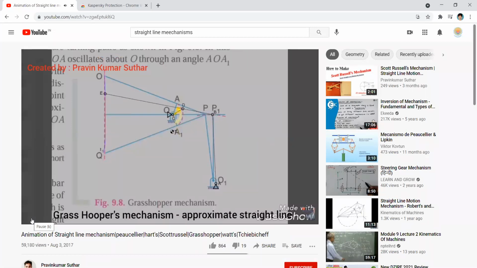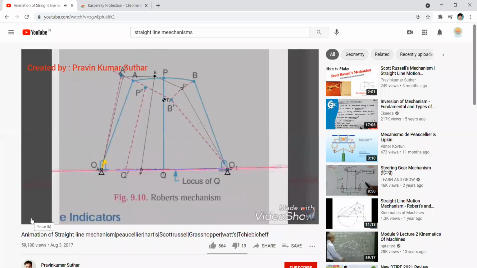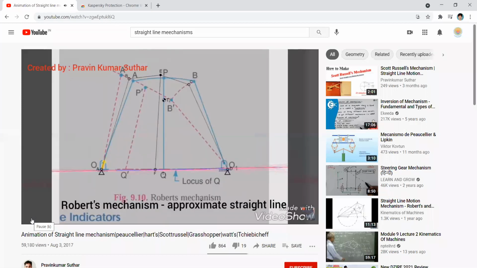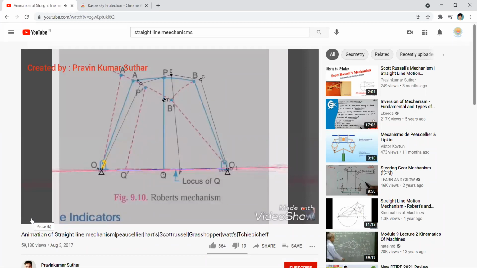Grasshopper mechanism. In our grasshopper mechanism, how many links are there, which is acting as the input link, and where do we get our straight line motion. Next one, Roberts mechanism. In this, all pairs are acting as turning pairs here.